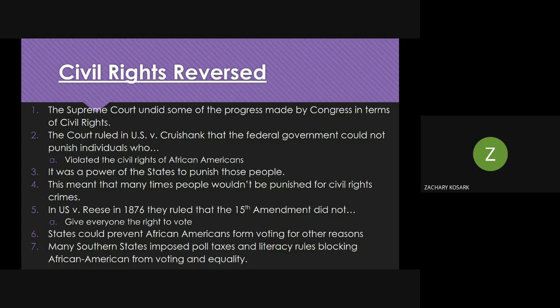So if you have to go and show up and be able to pass a test that is created by the people that don't want you to vote in the first place, you probably are not going to be able to pass that test, and then you can't vote. And these were laws that existed that were okay because of these Supreme Court cases.